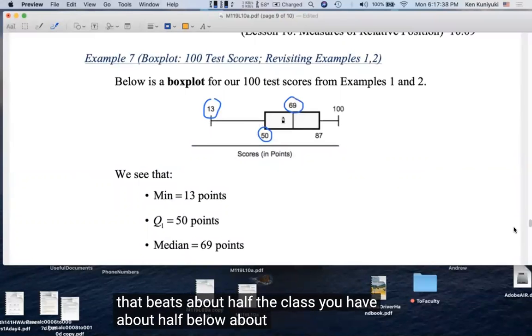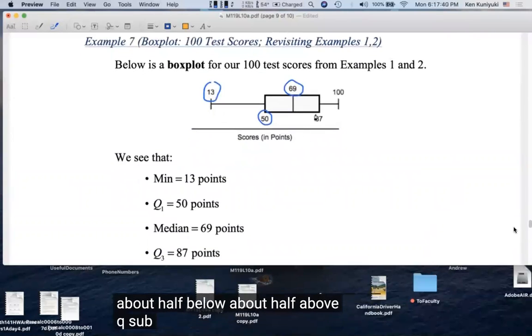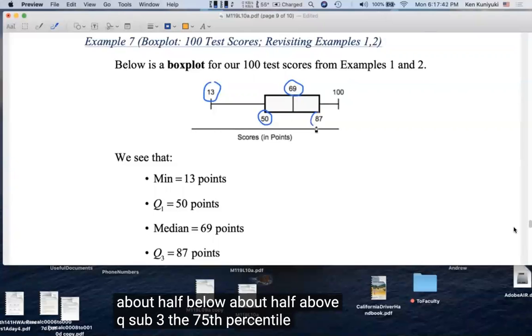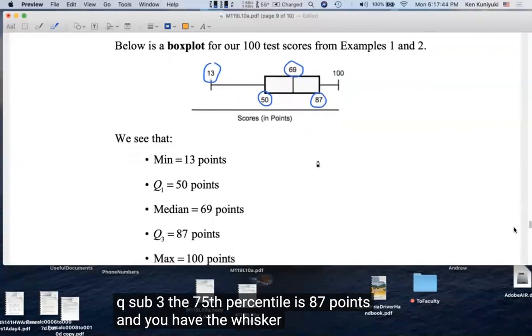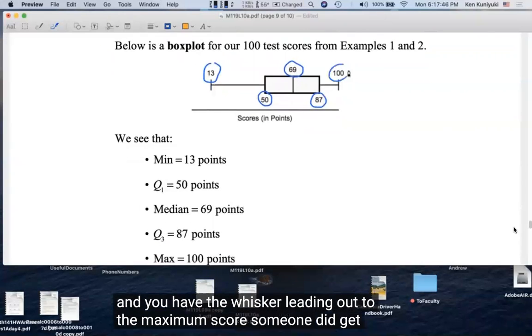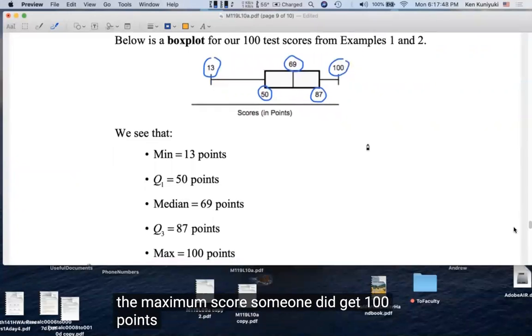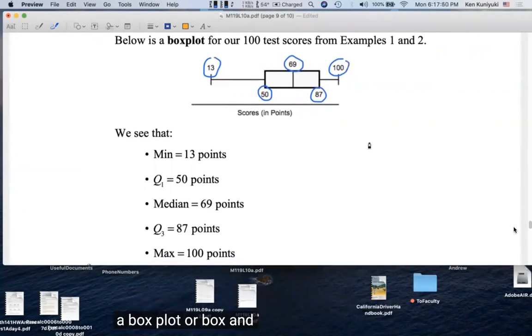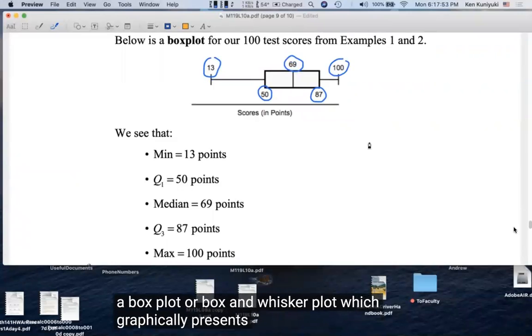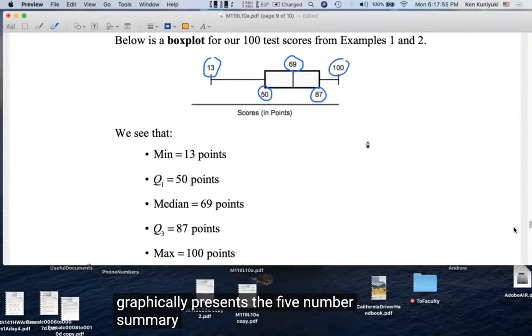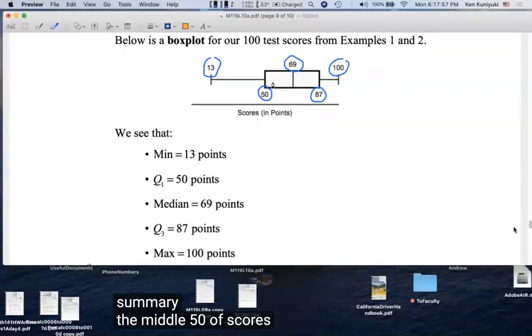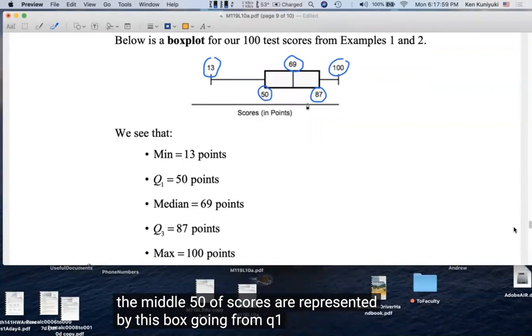You have about half below, about half above. Q sub 3, the 75th percentile, is 87 points. And you have the whisker leading out to the maximum score. Someone did get 100 points. A box plot, or box and whisker plot, graphically presents the 5-number summary. The middle 50% of scores are represented by this box going from Q1 to Q3.